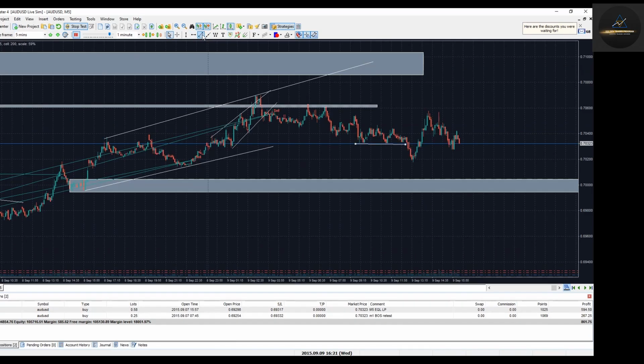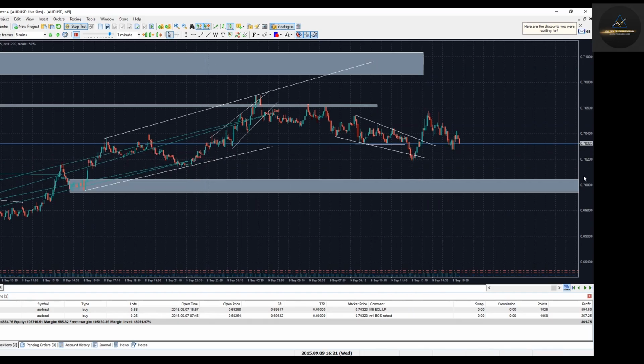We had that pattern, compression, and got this little banker block. No, it wasn't that one. There's probably an imbalance around here.